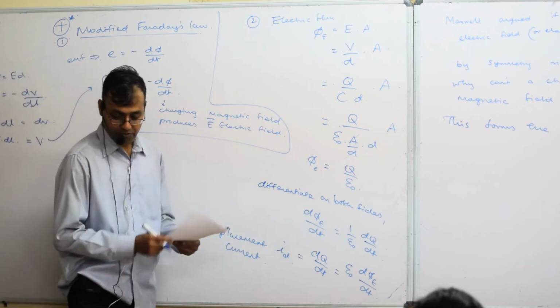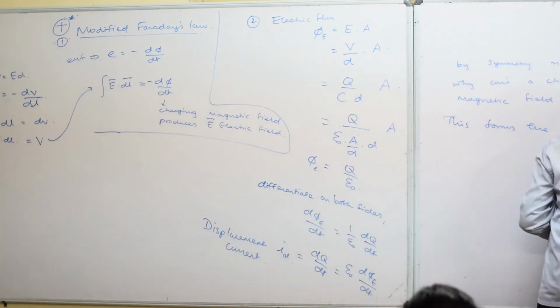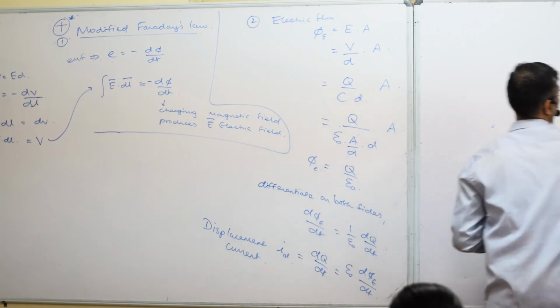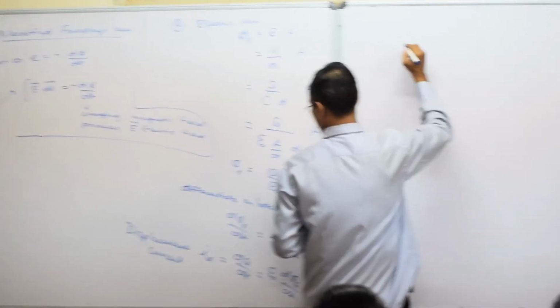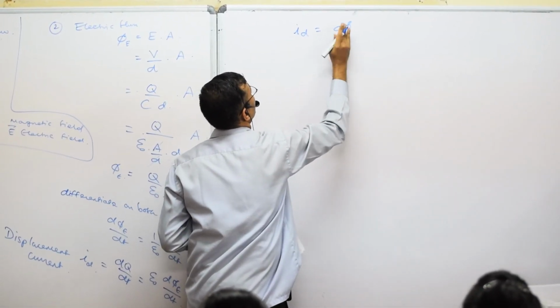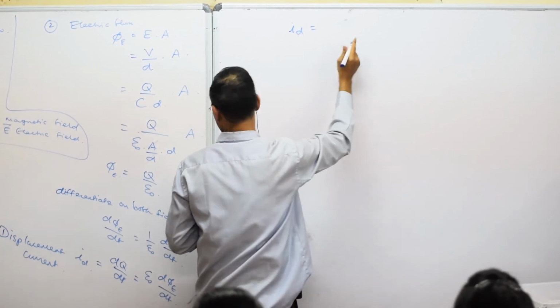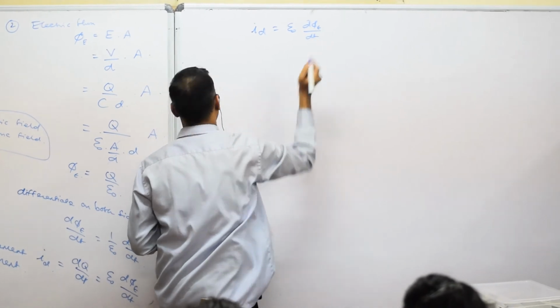So just below this, take it down. I don't have space here, so I write down. So I_D is equal to dq by dt, which is epsilon naught d phi E by dt.